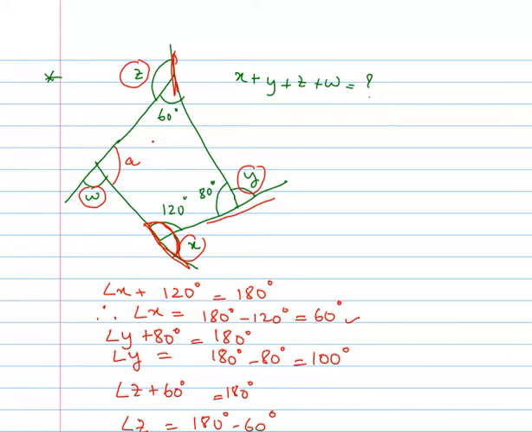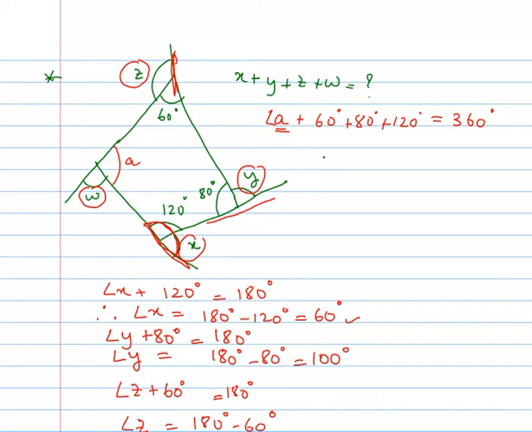Because we know with the help of the angle sum property that the sum of all the angles of a quadrilateral is 360 degrees, we could write over here A plus 60 degrees plus 80 degrees plus 120 degrees should be equal to 360 degrees, right?